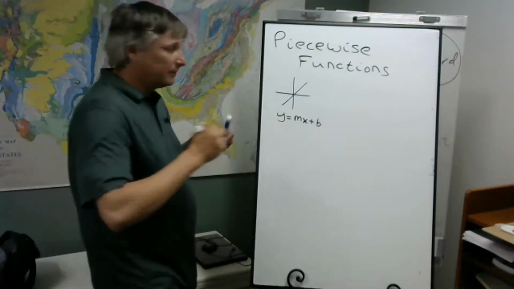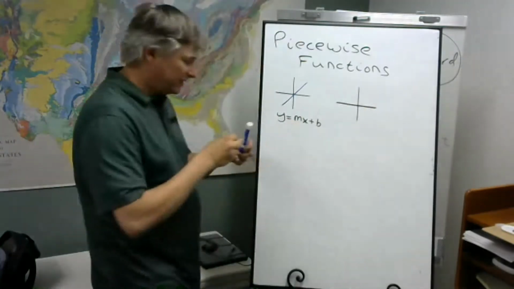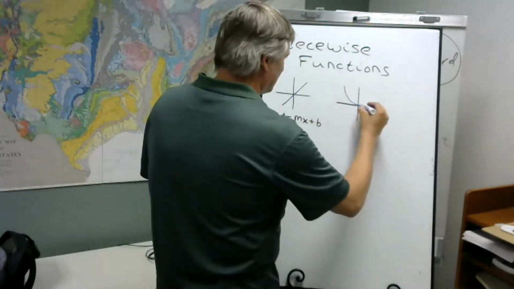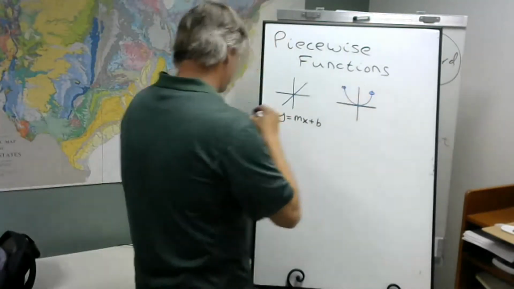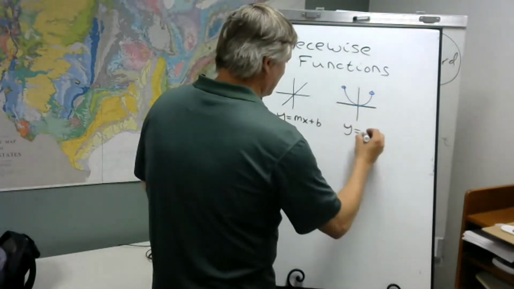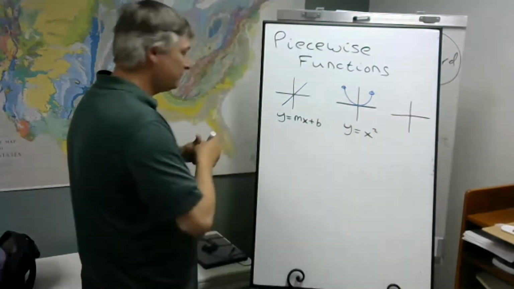We have parabolas, and you can modify these. You can translate them. You can flip them down. So y equals x squared. We have the cubic equations, cubic formula.